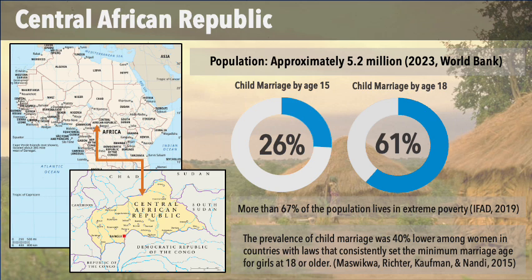I did not mention necessarily that boys are involved in this. However, it is at a much lower percentage. And then in my final paper, I will go over that as well. And I also wanted to note here that more than 67% of the population lives in extreme poverty. This will be an ongoing trend with Central African Republic and the lack of education and the lack of resources.